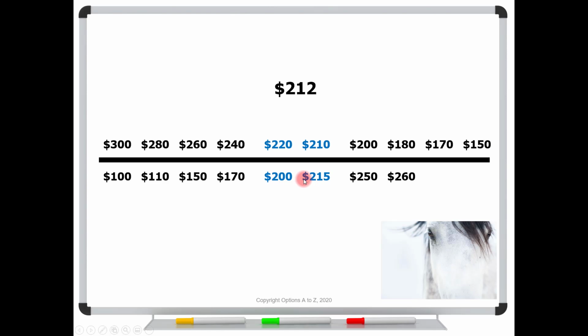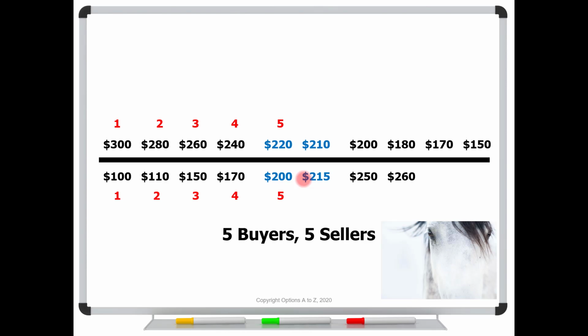So maybe somewhere in the middle at 212. And if he sets the price at 212, we've got 5 buyers, 5 sellers, and in this case, our auctioneer has maximized the amount of revenue he can put in his pocket.